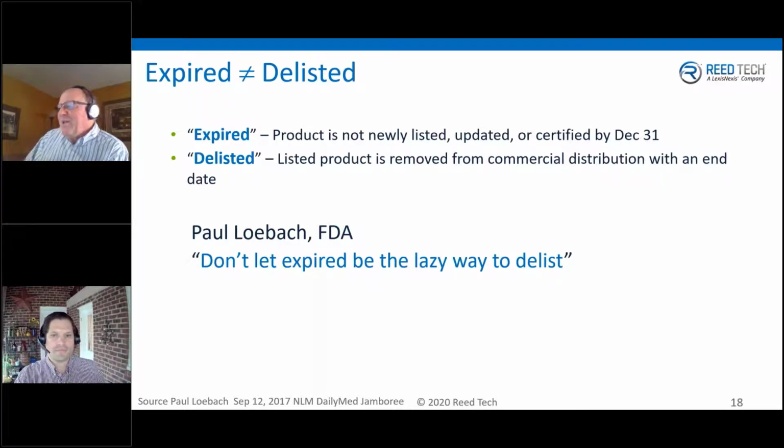His point was, don't let expired be the lazy way to delist. Those two statuses are not the same. Expired is only for those products that are not newly listed, updated, or certified in a particular calendar year. Delisted means that that particular product is removed from commercial distribution with a marketing end date.